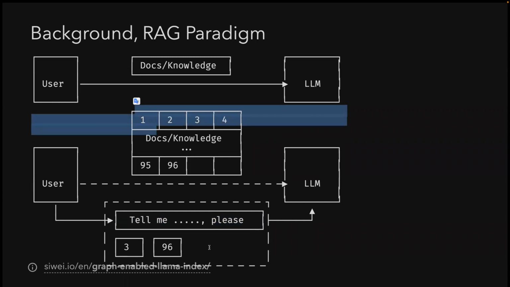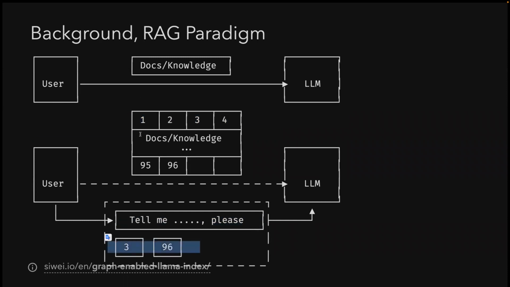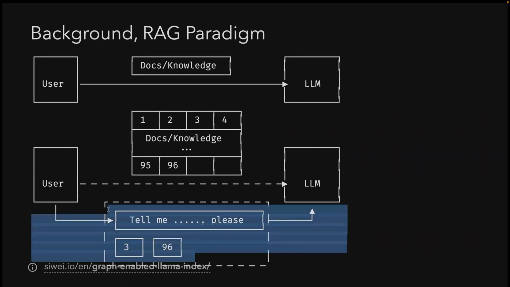When we get the top 2 chunks of data close to this question, we send them together as context to the language model. That's what we were doing in most cases, which worked quite well, right?